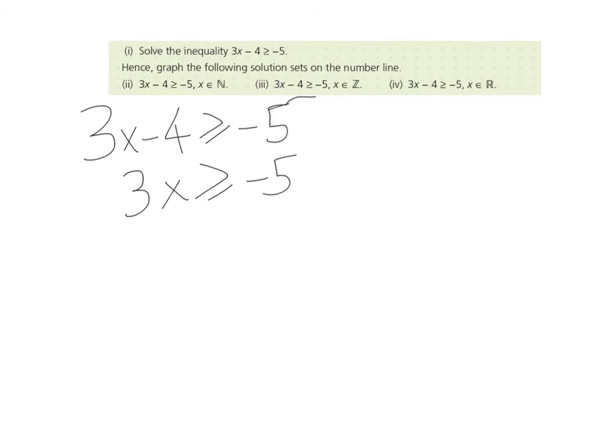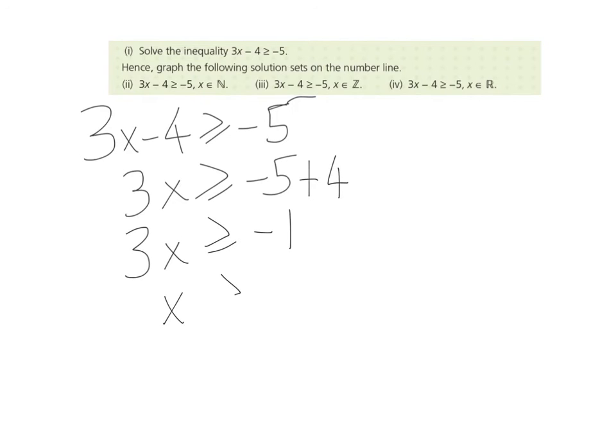And of course, what happens to this minus 4 when it goes across an equal sign? It becomes a plus 4. So the same rules are actually applying. So now I have 3x greater than or equal to minus 5 plus 4, which is minus 1. So now what we do is we want to try and find what x is, of course.